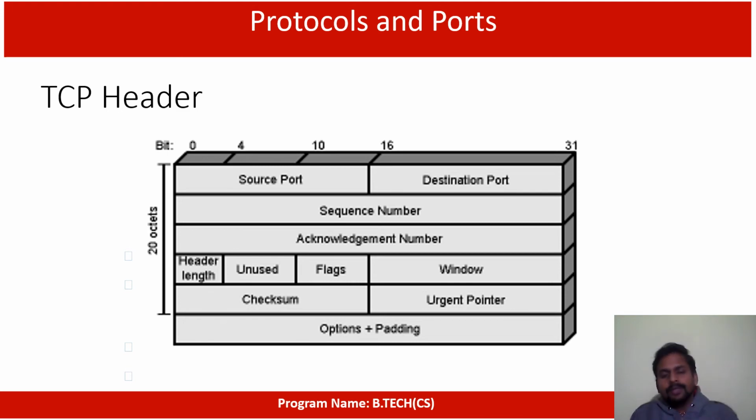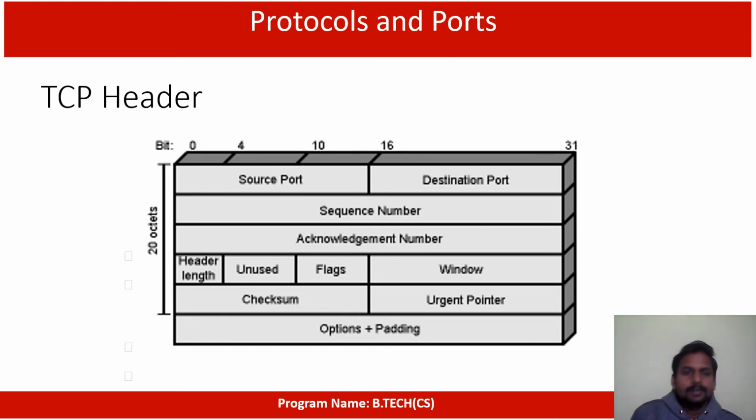What it will do is assign this urgent pointer to that data. So whatever queue of data is there in that line, this urgent pointer will make that particular data move on fast. That's why we are using this urgent pointer here. And then padding, as I told you before, is just adding extra bit information for making it fixed length. That's it.